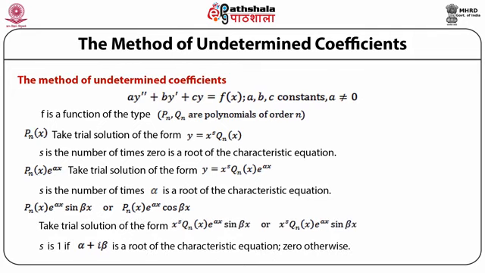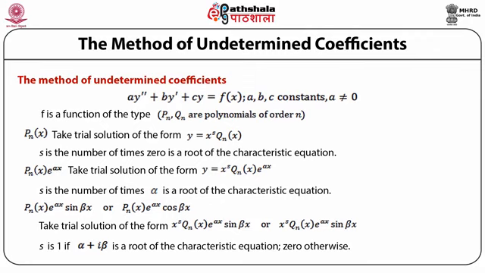Third, if the function f is of the type Pn(x) multiplied by e raised to power alpha x further multiplied by sine of beta x, or Pn(x) e raised to power alpha x into cos of beta x.